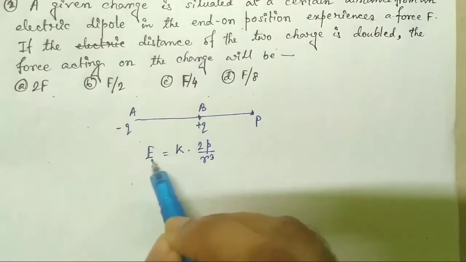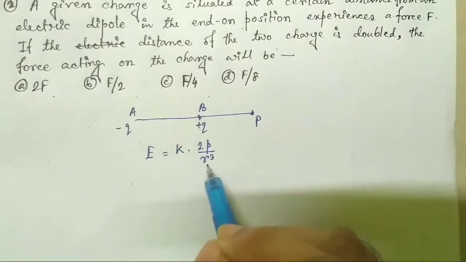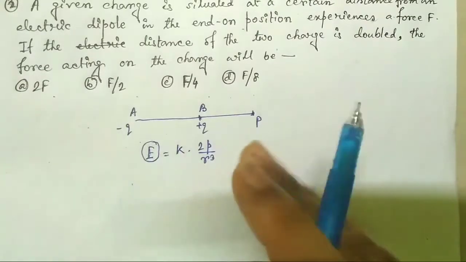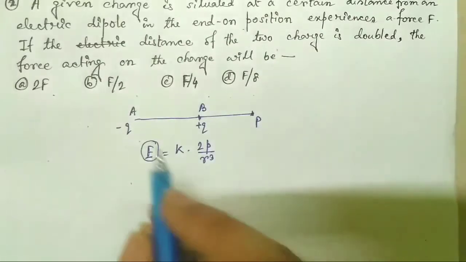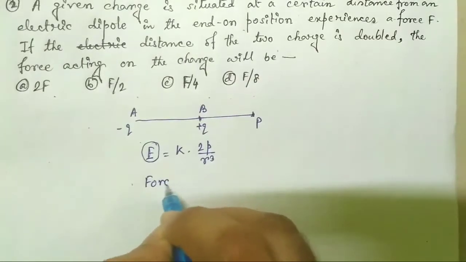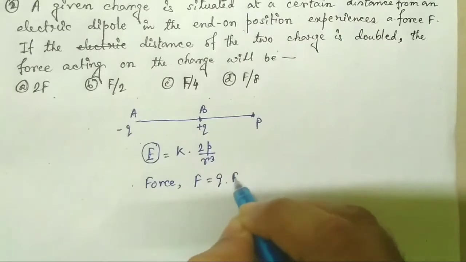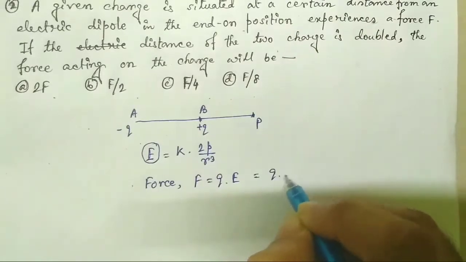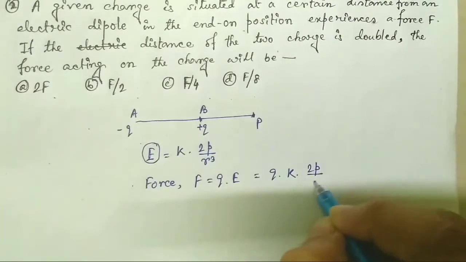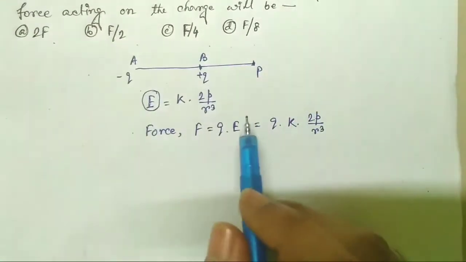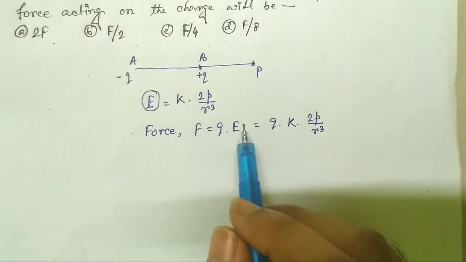Now, if we know the electric field intensity, then the force can be easily calculated. What will be the force? Force F is equal to Q into E. That means Q into K into 2P by R cube. This is the force experienced by the particle.